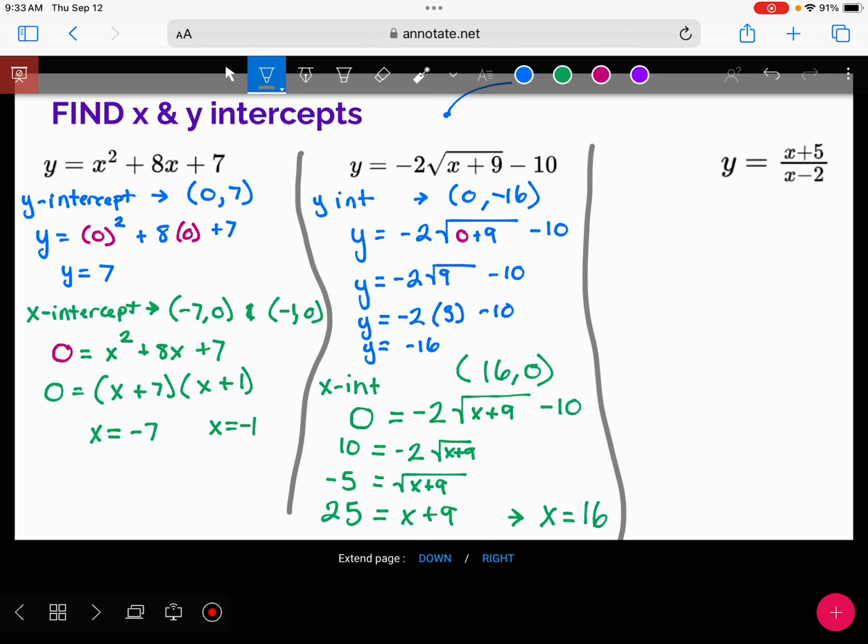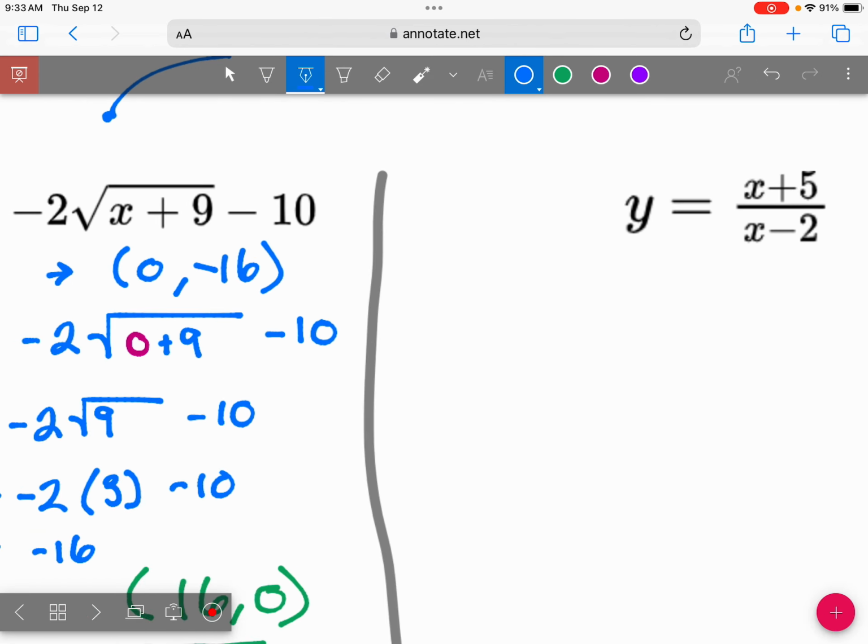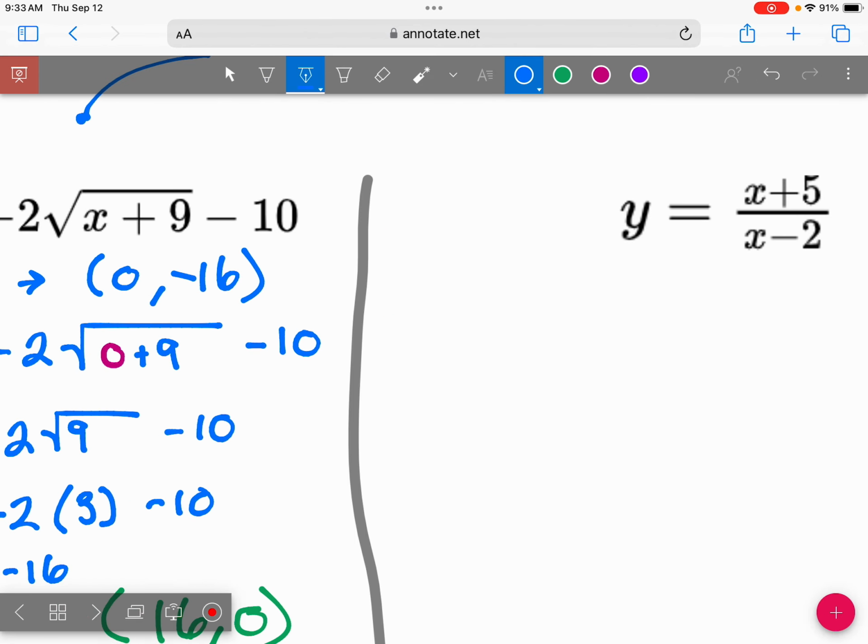One more like this. So let's find our y-intercept for this one. y equals, and we substitute in 0 for every single x: 0 plus 5 over 0 minus 2.